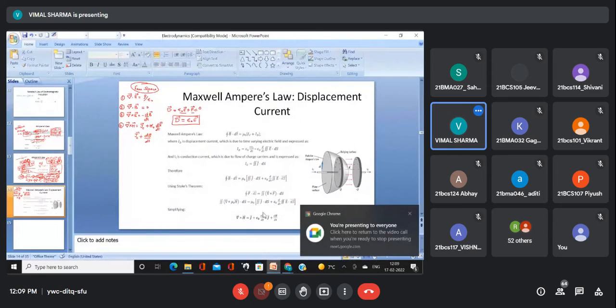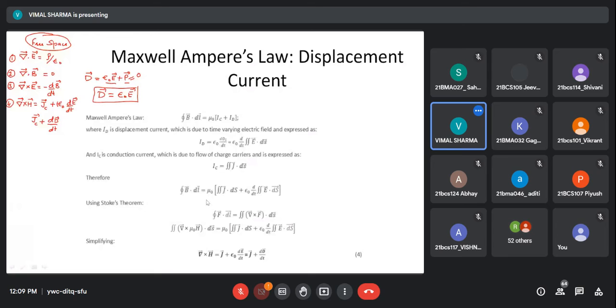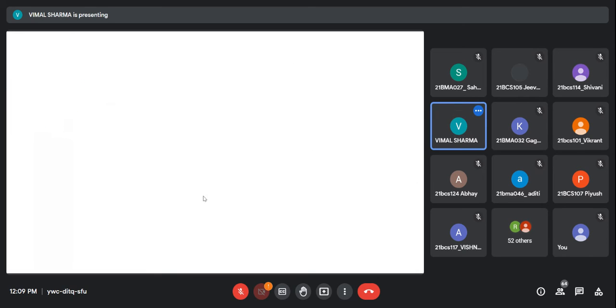Okay, so we were saying that this modification in Ampere's law is important, and Maxwell added this term, displacement current, and he said that displacement current is not due to flow of charge carriers, but it is due to time varying electric field.